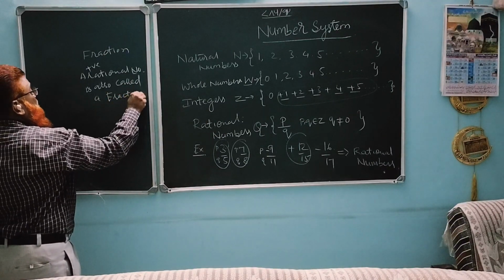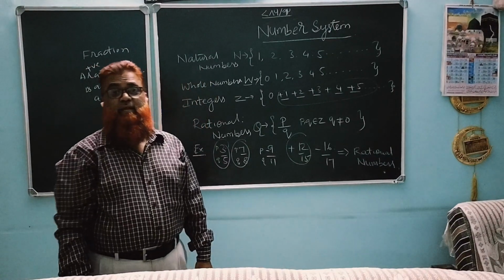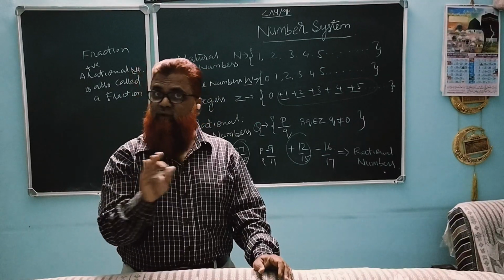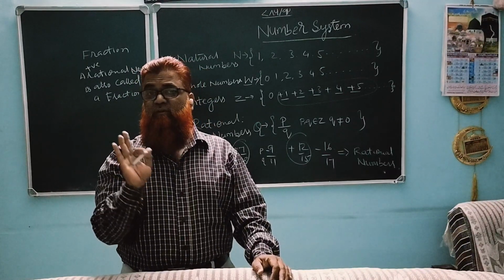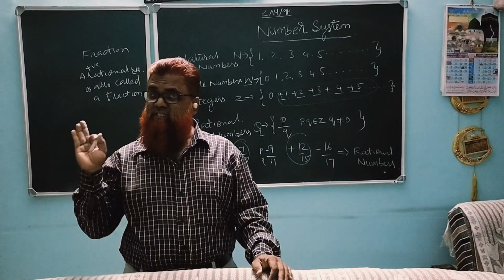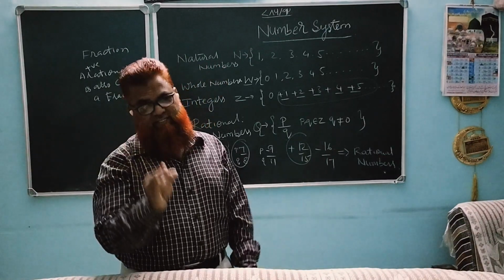Okay. Now the question arises, what about negative rational numbers? I would say that negative rational numbers are only rational numbers, but they are not fractions. I repeat, negative rational numbers are only rational numbers, but they are not fractions. And I remind you once again, positive rational numbers are also called fractions.